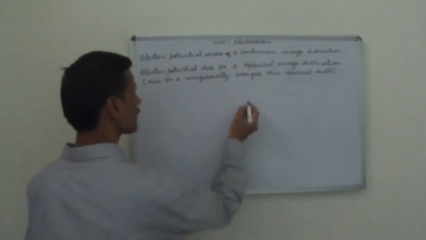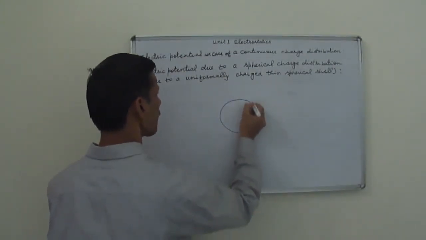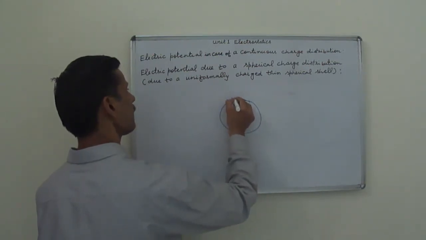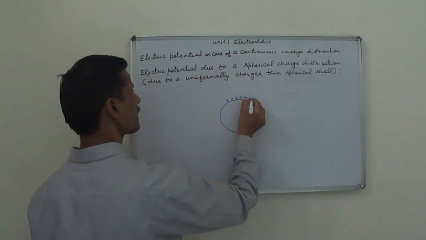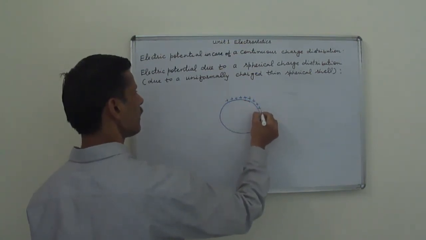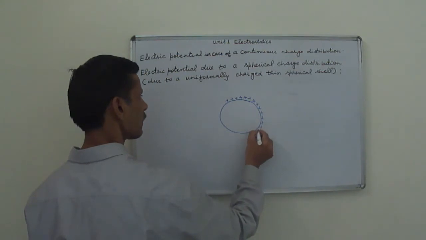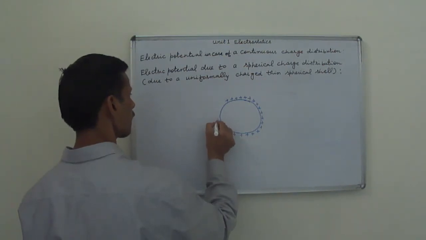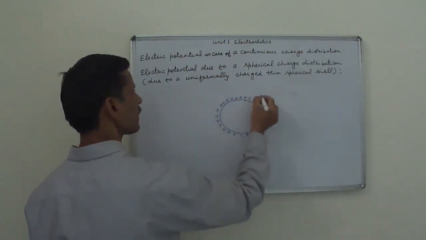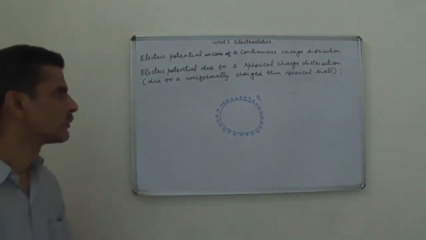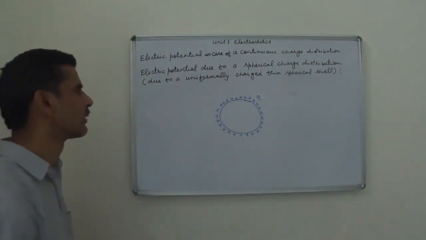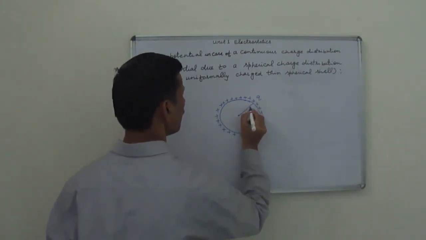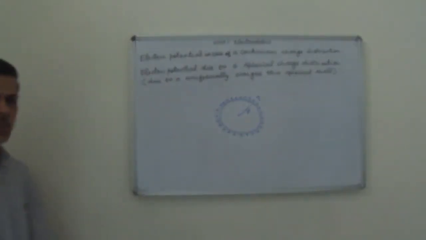So here, let us consider a spherical shell having charge distributed uniformly on its surface, say Q charge, distributed on the surface of the spherical shell uniformly. Say capital R is the radius of this spherical shell.